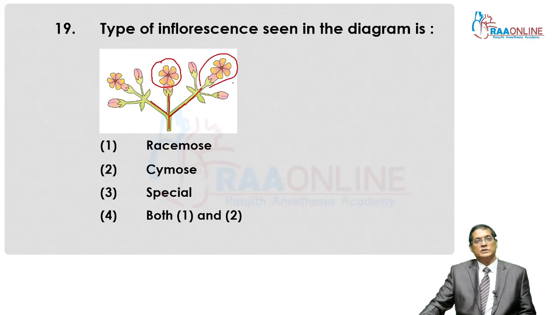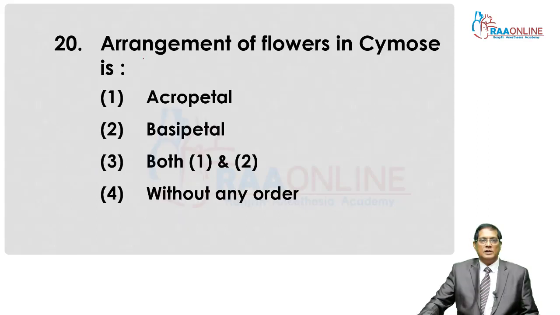That is, flower position is terminal, and the growth of the main axis is stopped due to the development of flowers. This is the property of cymose inflorescence. This is question number 19.